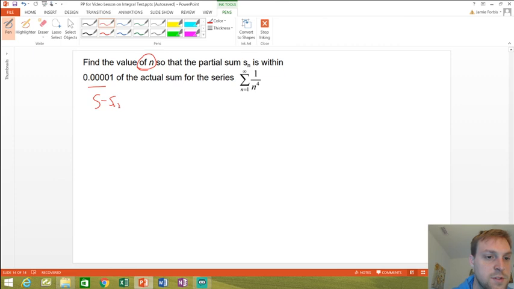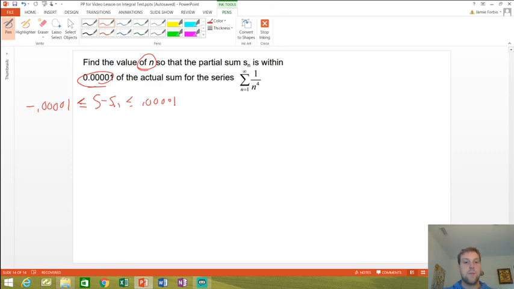I want that difference to be off by no more than this decimal right here. So I want this to be between negative 0.00001 and positive 0.00001. I want that remainder to be off by that much.